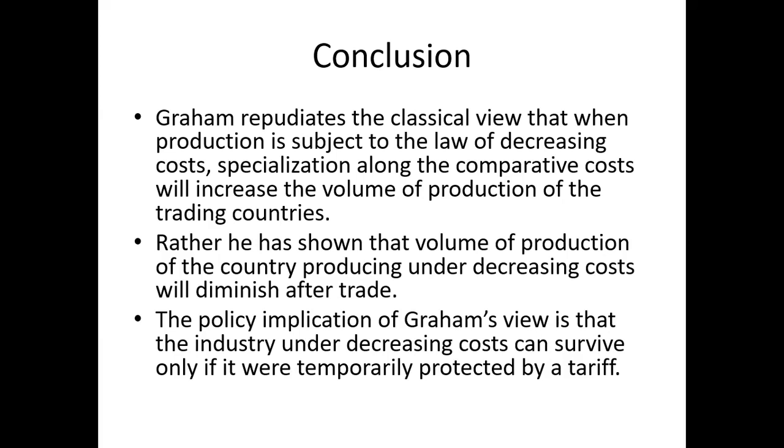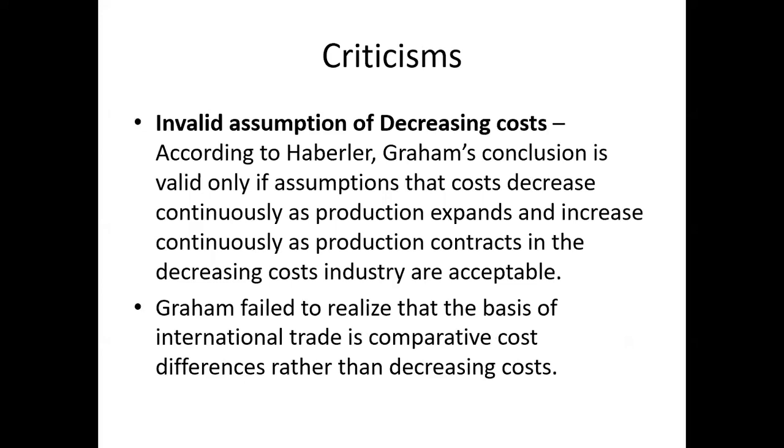So the policy implication is that the industry under decreasing cost can survive only if they are protected by a tariff. In free trade, the decreasing cost industry will be completely replaced. So it should be temporarily protected by a tariff if they want to survive.